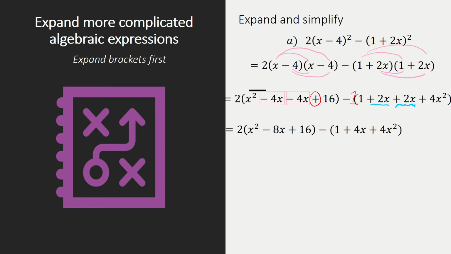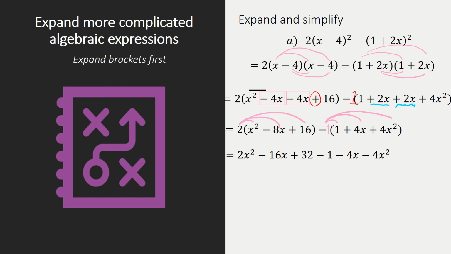What you get is 2 times (x squared minus 8x plus 16) minus (1 plus 4x plus 4x squared). And now you're allowed to multiply out of brackets again. So 2 times x squared, 2 times minus 8x, and 2 times 16. And as I just told you, there is a 1 over there. So minus 1 times 1, minus 1 times 4x, and minus 1 times 4x squared.